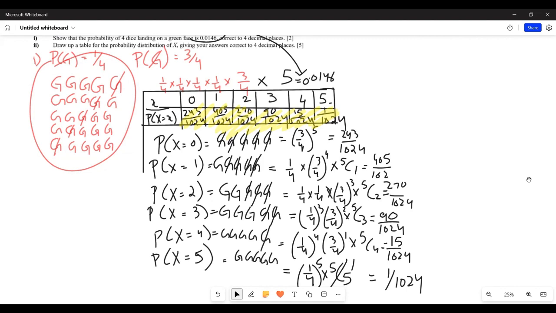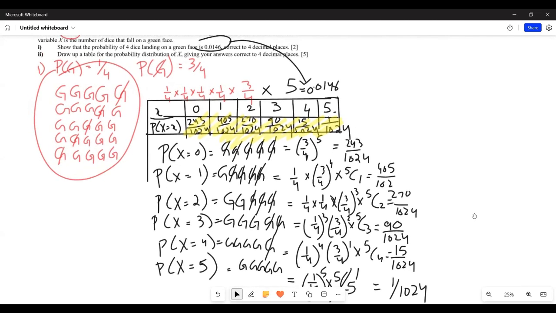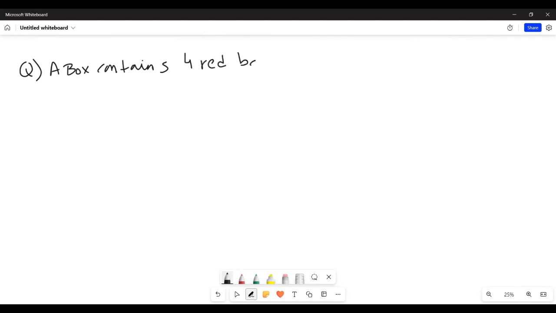This is from the book, so I'll have to copy it. A box contains 4 red balls and 5 yellow balls.